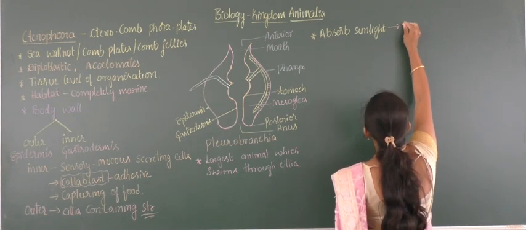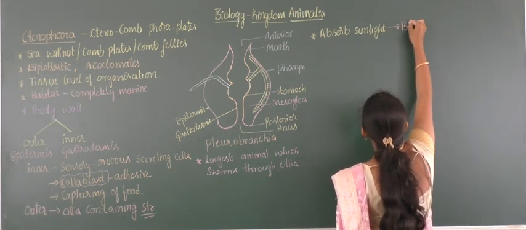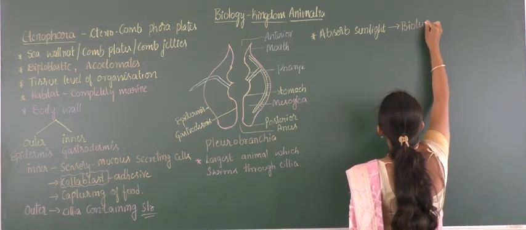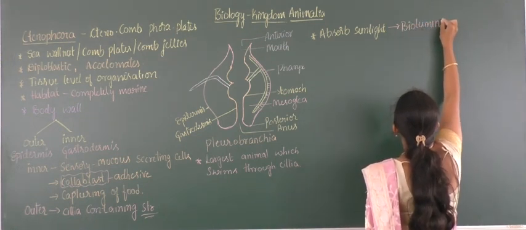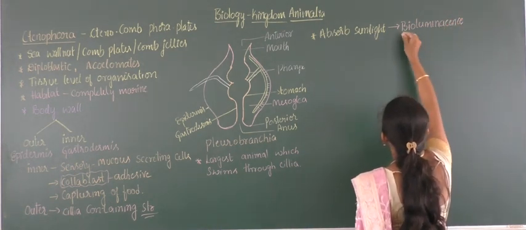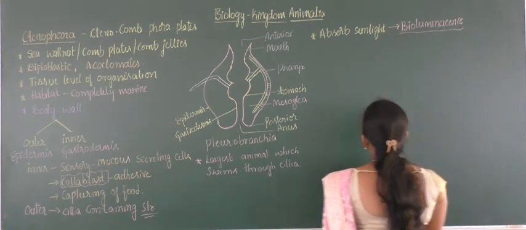As these are living organisms with the capacity to exhibit light, this process is called bioluminescence. So this is a major and very unique property present in the Ctenophora.